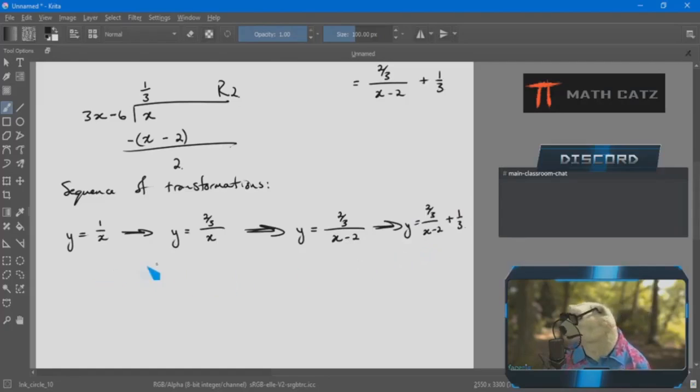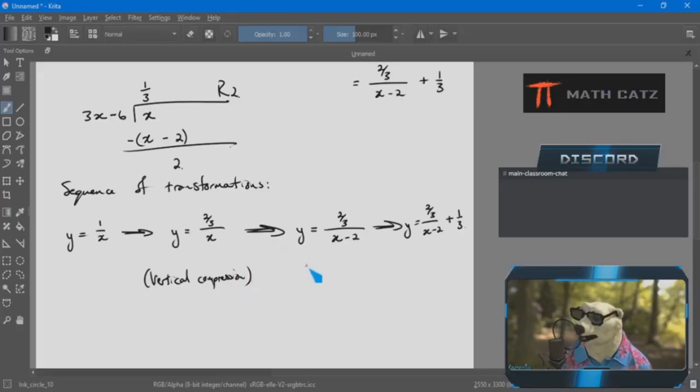So we'll just write underneath what happens to the graph, and I'll leave it to you to actually do it. It's just very time consuming, and we can get more problems in if we skip it. So this first one, multiplying the right-hand side with a number, 2/3 in this case, is a vertical compression.